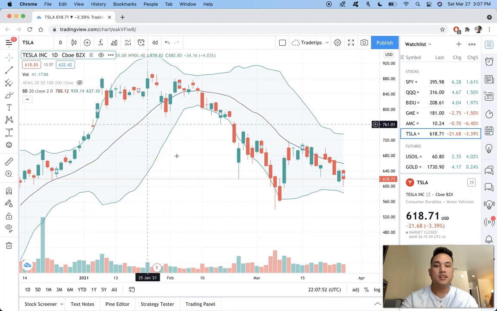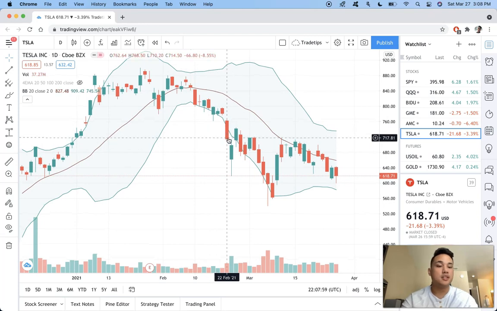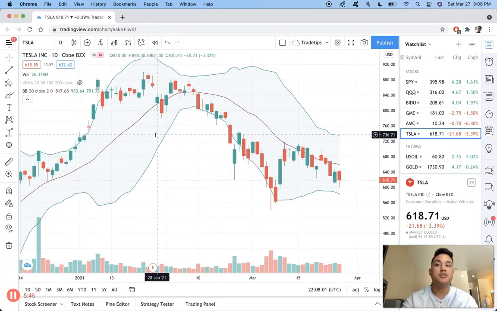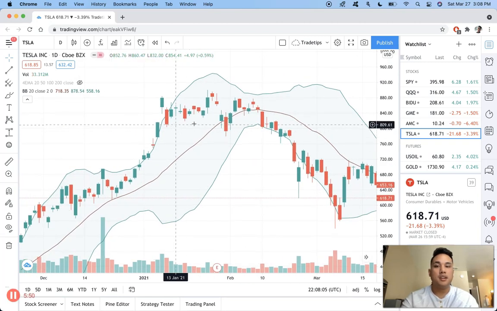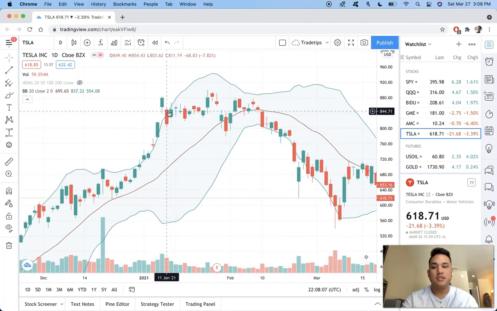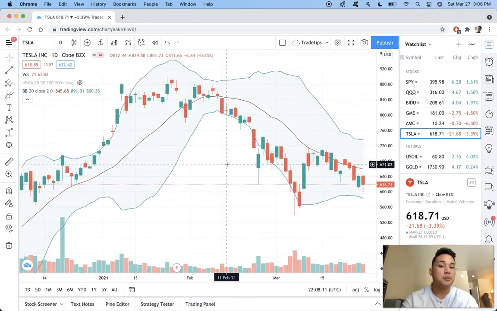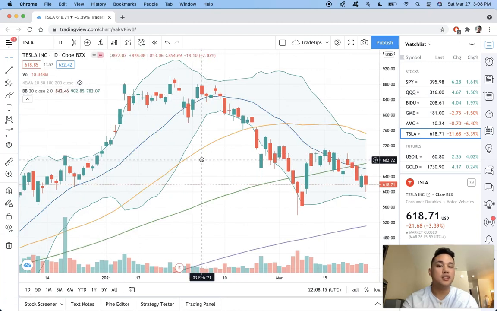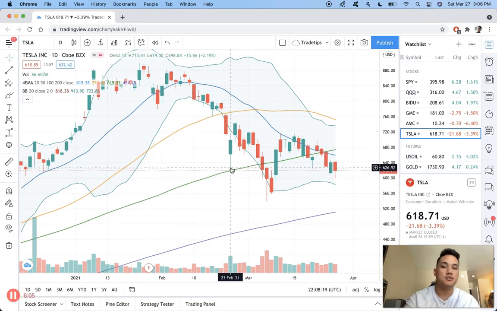So again, by themselves, we can't just use this to give us a complete picture, because you can put yourself in situations where maybe you try to enter in a trade and then it goes sideways, well, that doesn't really help you much. So you want to make sure that you combine different indicators together to make a complete picture as to why you want to get into a trade.